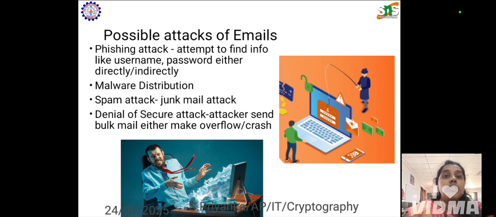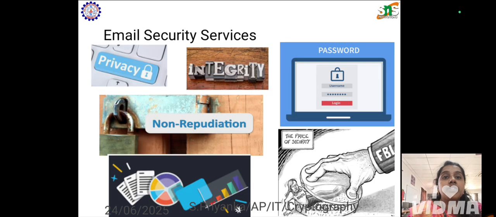Next are the possible attacks on email. First is the phishing attack, which mainly attempts to find information like username and password, either directly or indirectly, or to distribute malware. Next is the spam attack, which is mainly a junk mail attack. Next is the denial of service attack, where the attacker sends bulk mail to cause overflow or crash.